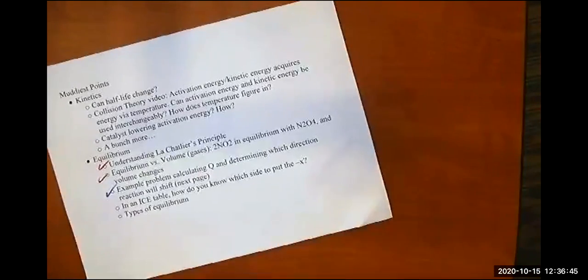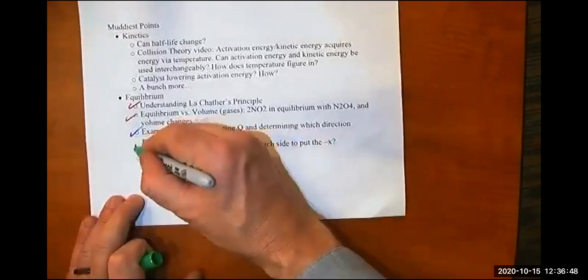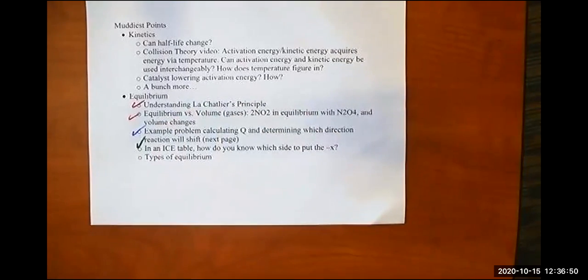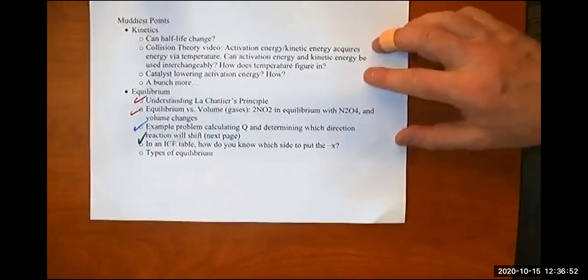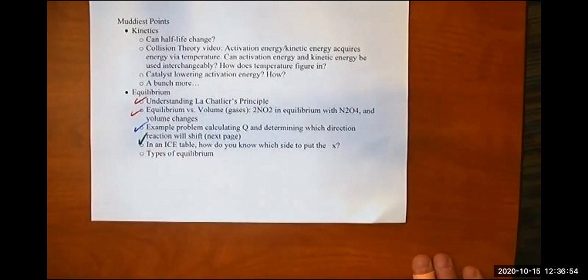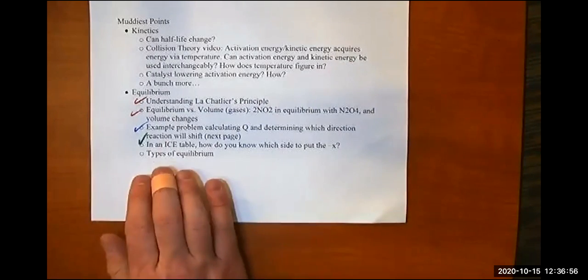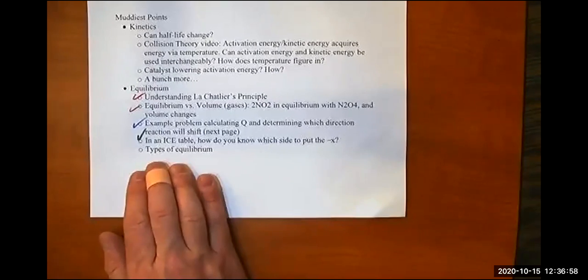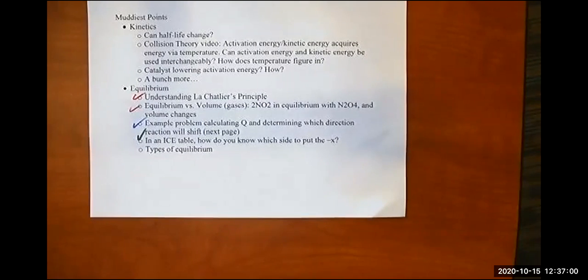Okay. There's also a question, it looks like a couple of people asked about, and apparently from Newton, about types of equilibrium. And it wasn't very clear what people were asking about on that. So I dug into Newton a little bit, and it looks like they're just talking about homogeneous equilibrium versus heterogeneous equilibrium.